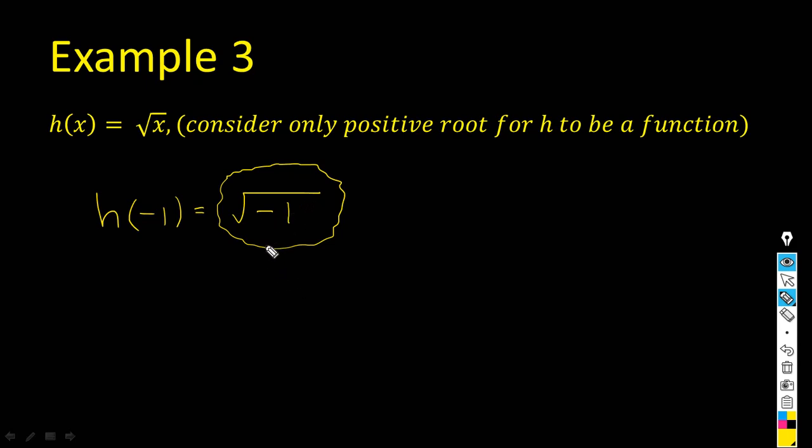There is no real number such that when multiplied by itself 2 times will produce minus 1. There is no such real number. So this operation, this question, what is the square root of minus 1, doesn't have an answer in the real numbers.